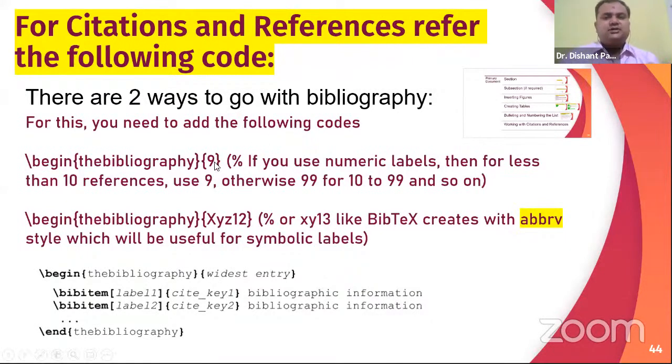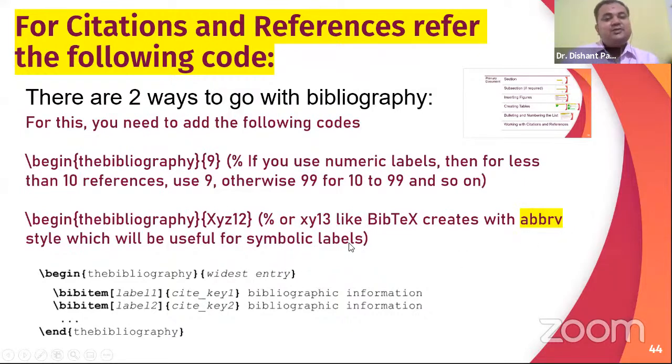But if you don't know how many references you are using, but maybe it's less than 100, then you can use 99. And if you want to go beyond 100, then obviously you can use 999 and so on.